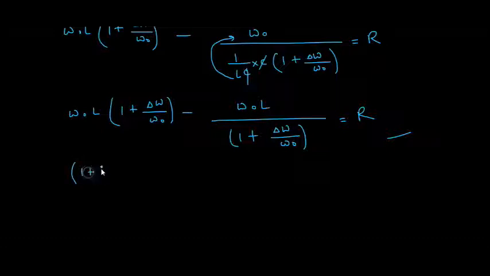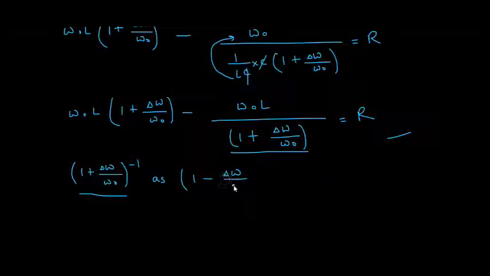From binomial theorem, if we are talking about this value with power minus 1. If we take this to the numerator, this will convert it to minus 1 or inverse. And we can write this as 1 minus delta omega upon omega naught.